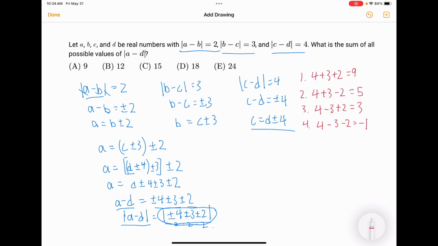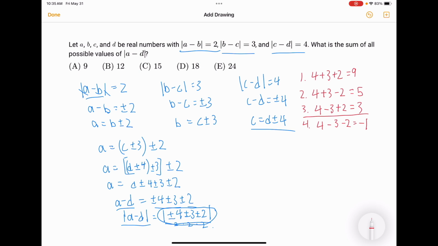Okay, so if you see the pattern that I'm doing here, basically what I'm doing to make sure that I'm not overlapping anything is that we start off with a positive 4, and then we change the 3 and 2. So for example, we have positive 4, and then plus 3 plus 2. And then we have 4 plus 3 minus 2. And then we did the minus 2, so we can make the 2 positive again and then do the minus 3. So it would give us this one, which is 4 minus 3 plus 2.